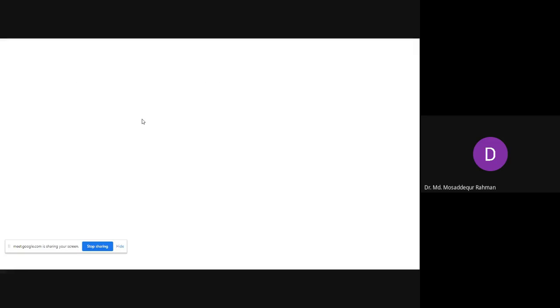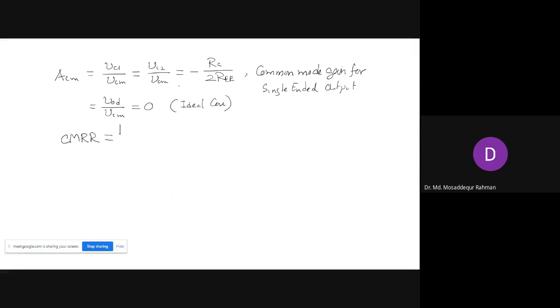We don't take the sign, but we consider the magnitude of this ratio. That's defined as the ratio of the differential gain to the common mode gain. So that is how we define the common mode rejection ratio.